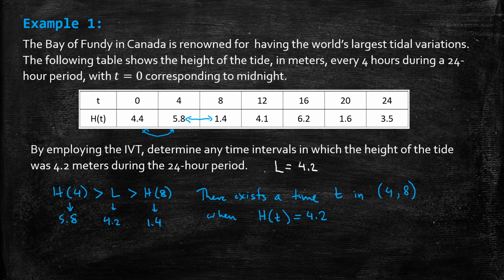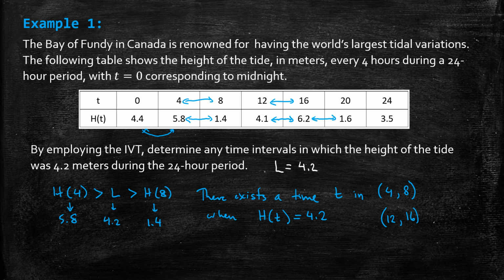So where else does this happen? 4 to 8 happens in that interval. And let's see, where else does 4.2 appear between the two numbers? 4.2 does not appear between 1.4 and 4.1, but it does appear here again. So therefore, the interval between 12 and 4 p.m. would be another interval. So we could add from 4 to 8, also from 12 to 16 hours, from 12 p.m. to 4 p.m. And then it goes from 6.2 back down to 1.6.